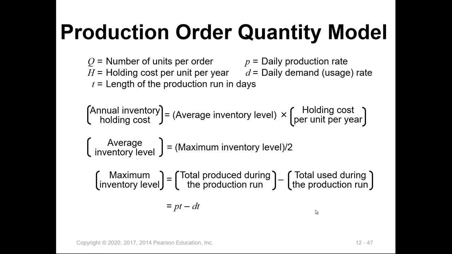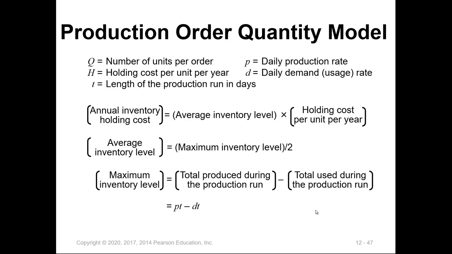So the annual inventory holding cost will equal the average inventory level multiplied by holding cost per unit per year. But the average inventory level will equal maximum inventory level divided by 2, and we saw that in the graph.